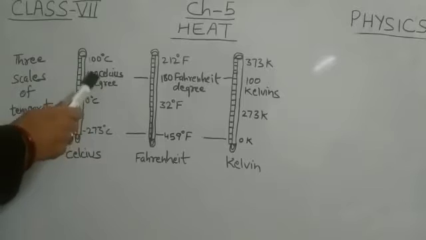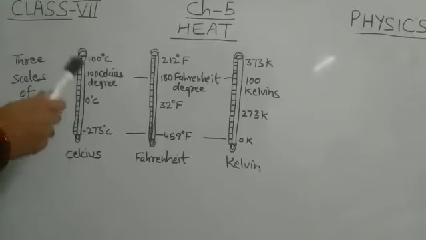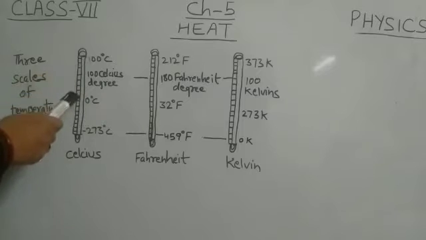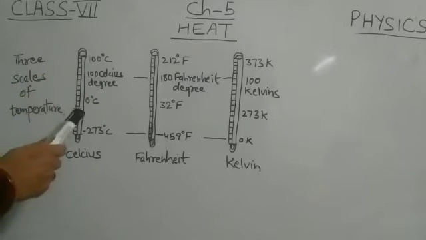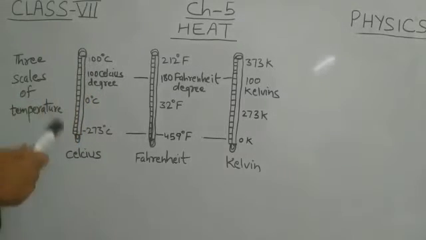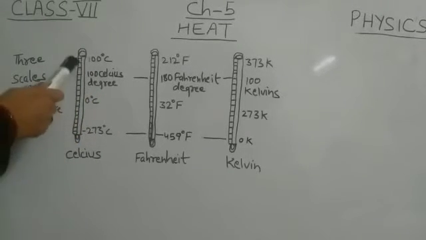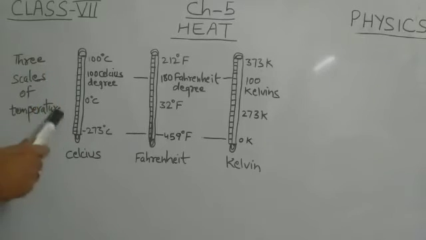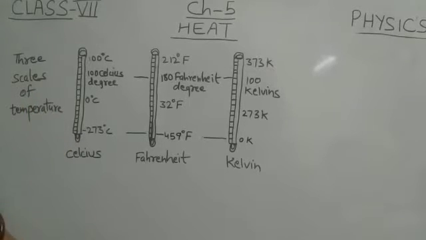Okay, so a thermometer is said to be graduated in centigrade scale when the distance between the freezing point and the boiling point of water is equally divided into 100 divisions. Okay, and each division is termed as 1 degree Celsius.